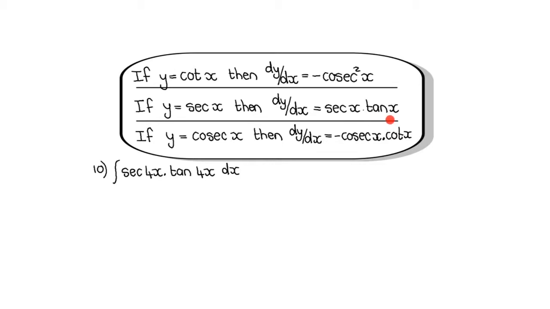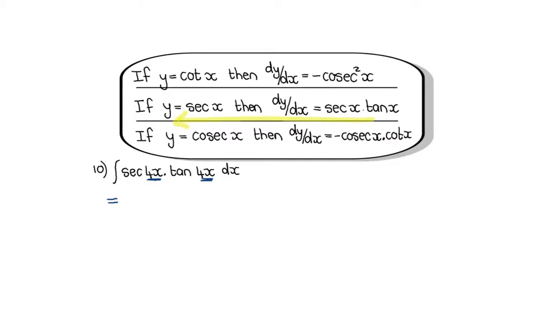If I use this differentiation rule backwards, I will have a rule that will help me to integrate. If I use it backwards, I see the integral of sec x tan x will be sec x, but in this case, I started off with angles 4x, so it's going to be sec 4x. And remember to divide by 4, plus the constant.